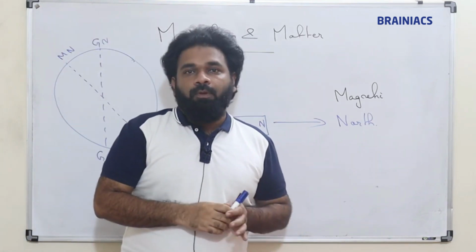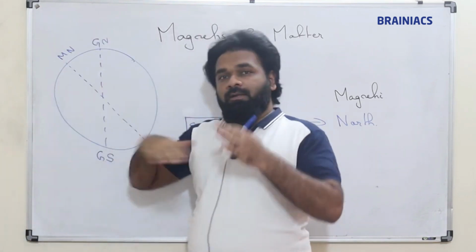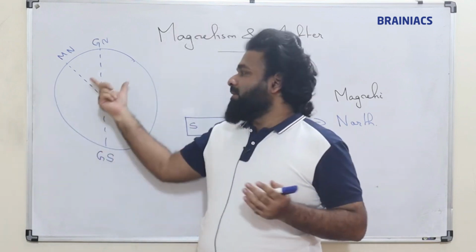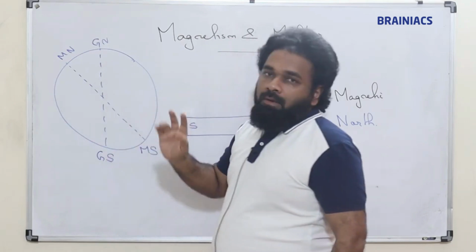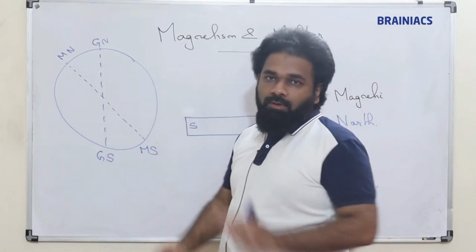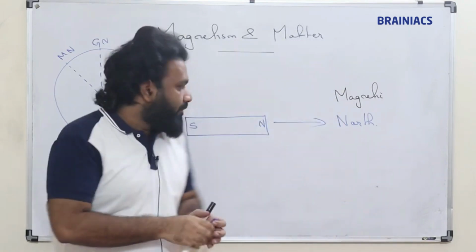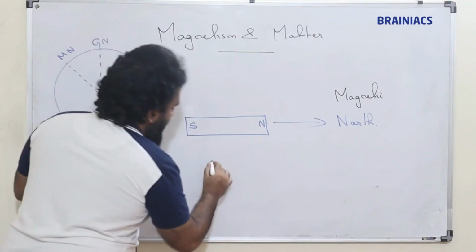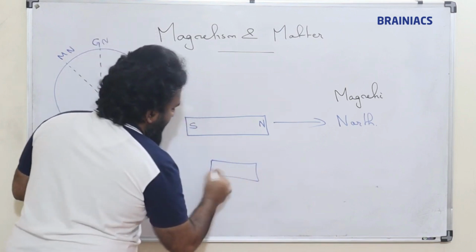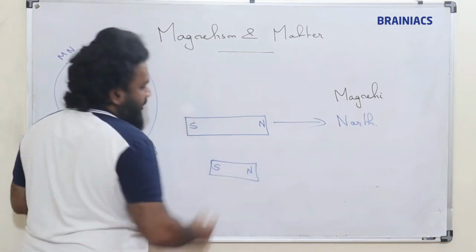Is it so? Regarding this, another topic will come and we will do a detailed discussion. Okay, keep it there. Now I need to explain some more things. Suppose we keep a magnet, this is south, this is north.